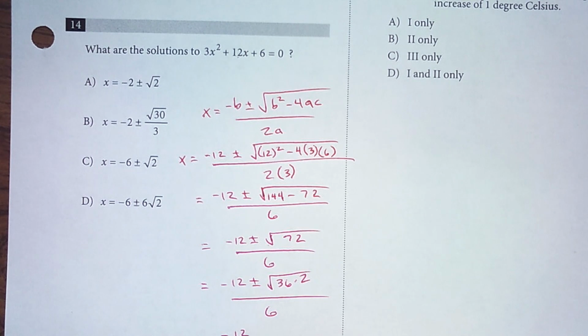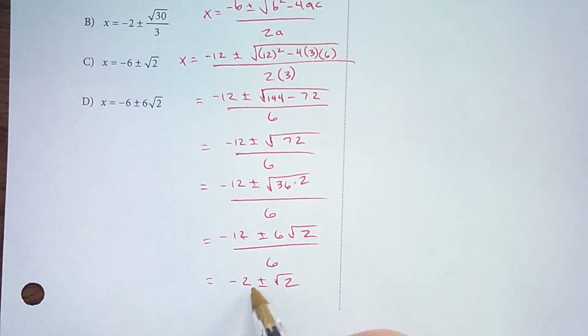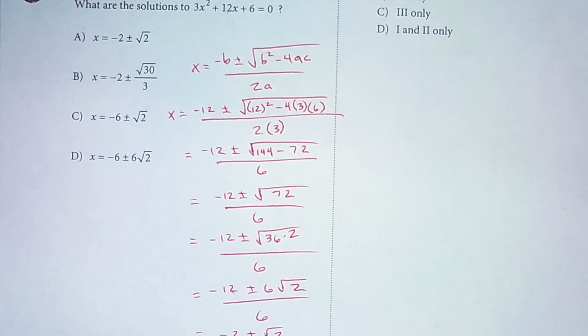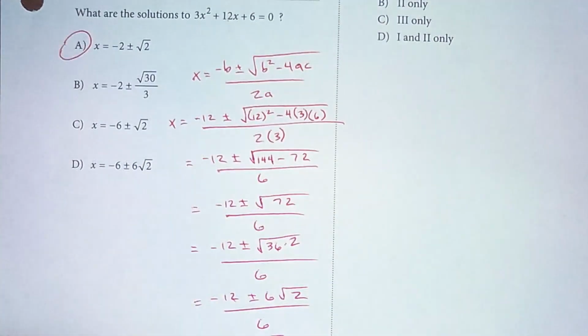So I've got negative 12 plus or minus the square root of 36, which is 6, times the square root of 2, all over 6. And now I can simplify by dividing each term by 6. So negative 12 divided by 6 is negative 2. 6 over 6 is 1 times the square root of 2. So that's negative 2 plus or minus the square root of 2, which is option A.